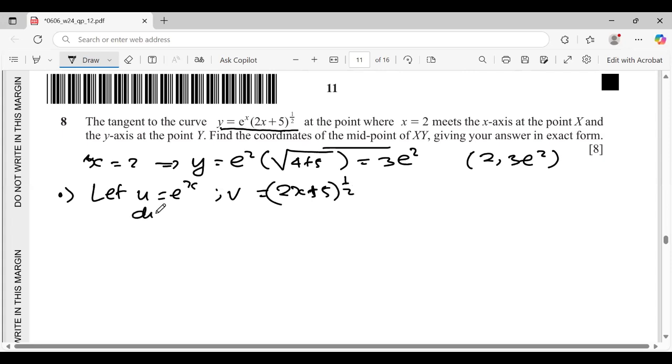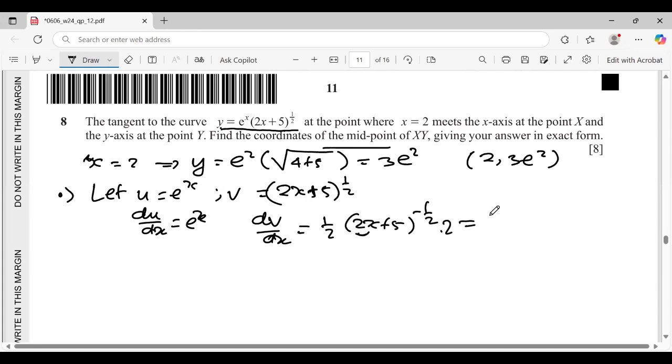So du/dx is e to the power x, and dv/dx is 1 half times (2x plus 5) to the power minus 1 half, times 2 because of the derivative of 2x. So 2 times 1 half is 1. It becomes 1 over the root of (2x plus 5).